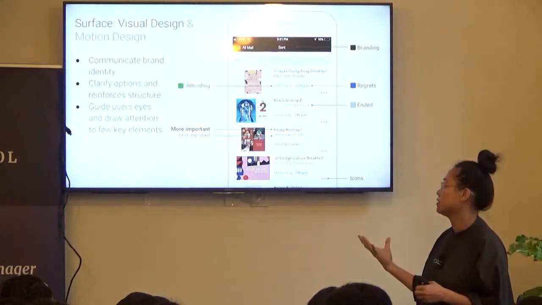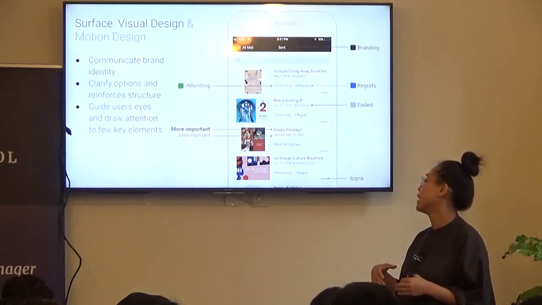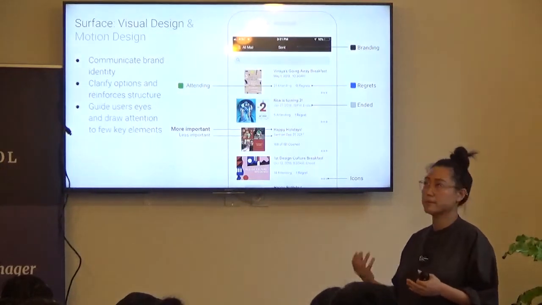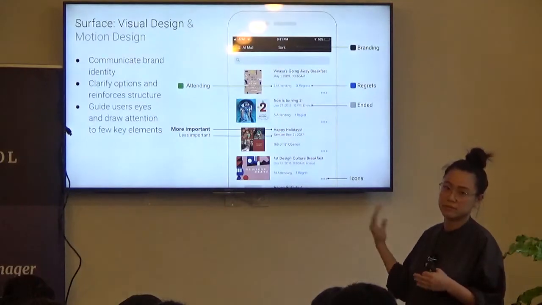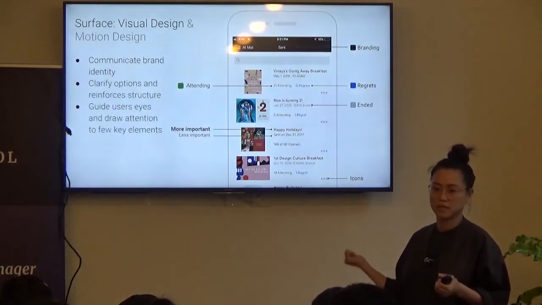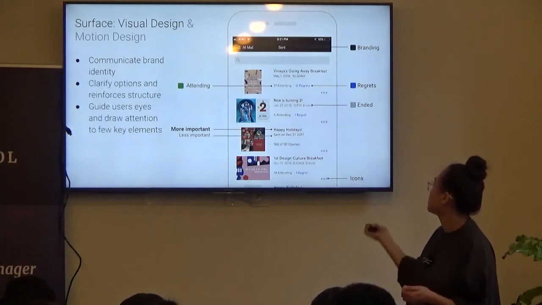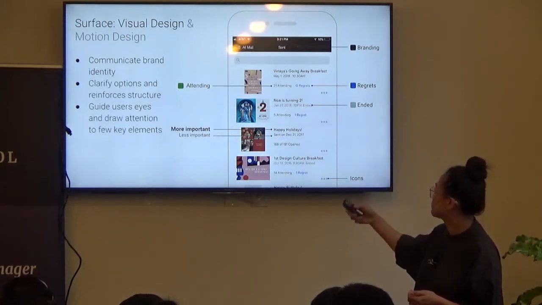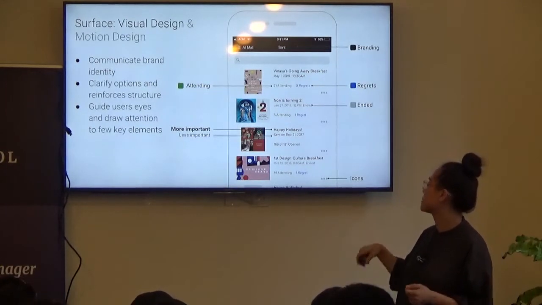Besides that, it also reinforces the structure of the page, and you can also help draw attention to different things on the website depending on what people need. So here we have green and blue. Actually, let me step back.